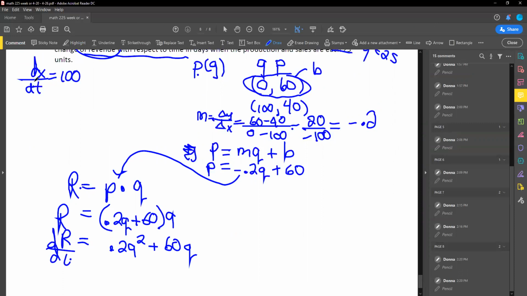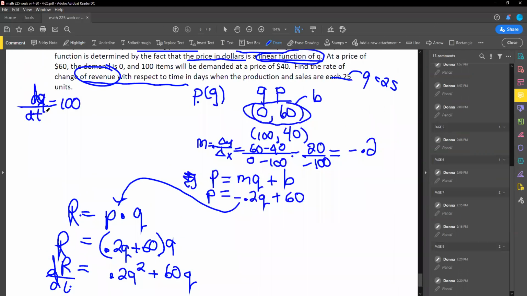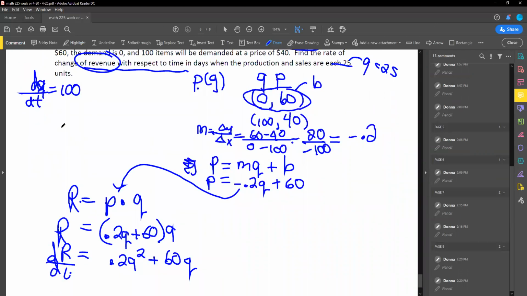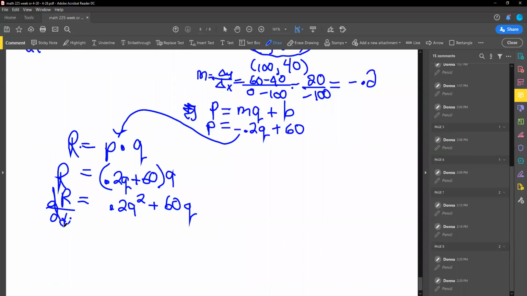By the way, this is the dX/dt, but now I call it Q, so it's dQ/dt. So just do the derivative. So dR/dt is 0.4 times Q to the first times dQ/dt plus 60 dQ/dt.